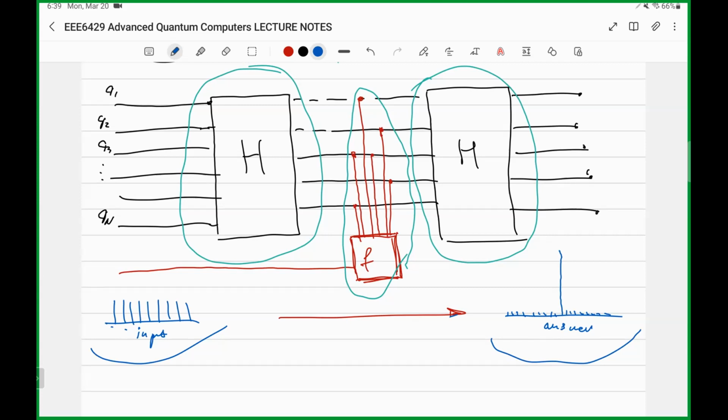But in output you also have n qubits, and usually they are in superposition states, which is an infinite number of realizations, because each qubit is a superposition of two states, 0 state and 1 state.